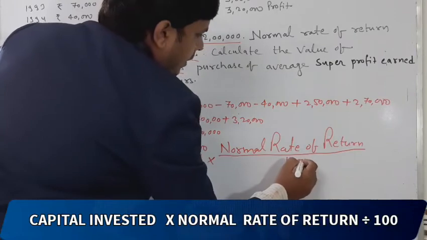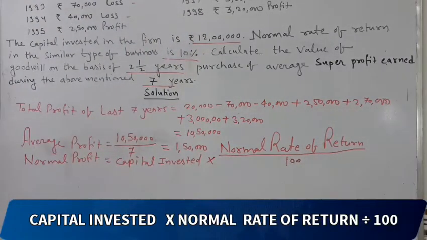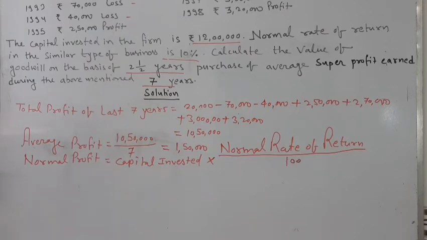You have already written this formula. Again, listen: normal profit is equal to capital invested into normal rate of return divided by 100.